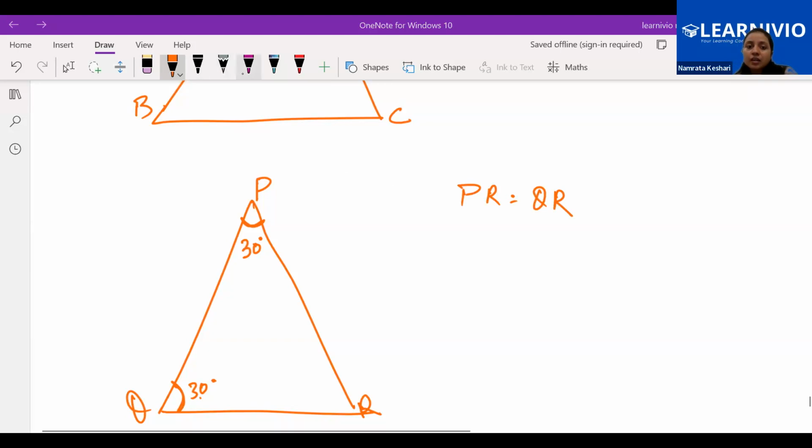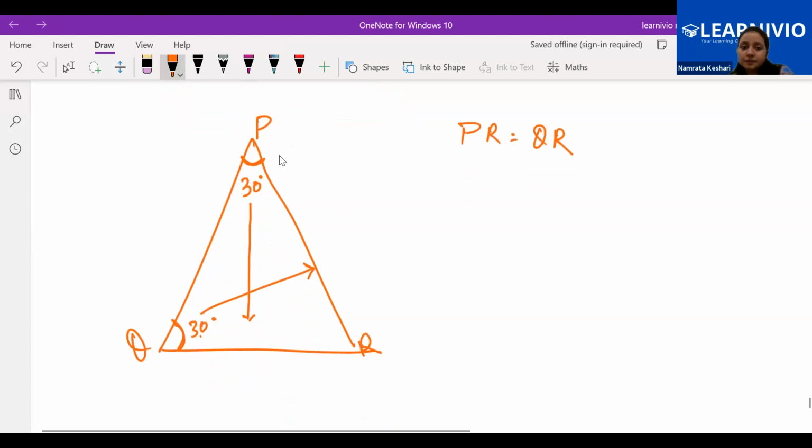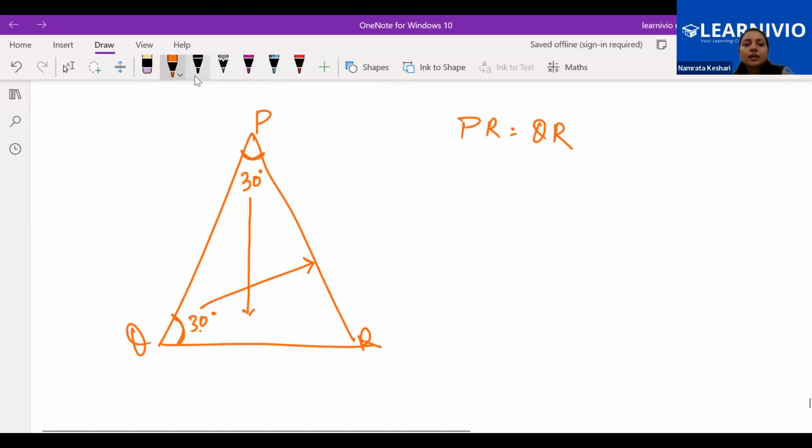Let's check it. Opposite to this angle is this side, and opposite to this angle is that side. So QR and PR, yes, these two sides will be equal to each other. Is it making sense to you now? Yes, ma'am. Okay. So we'll be finding angles like this.